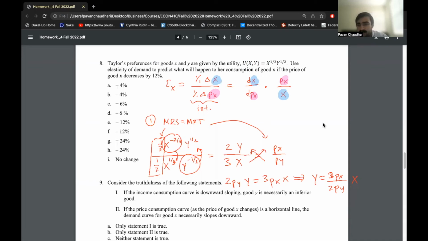Okay, we're going to plug this into the budget line. So plug it in over there. Py times px over 2py times x. Okay, good. So py's cancel out.